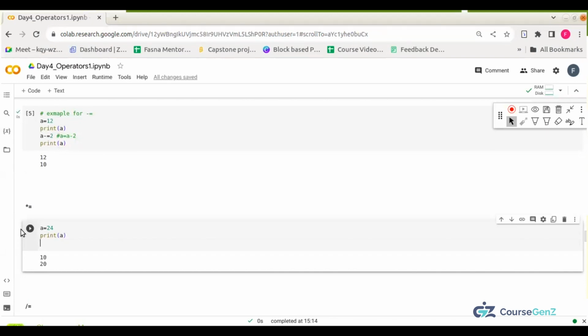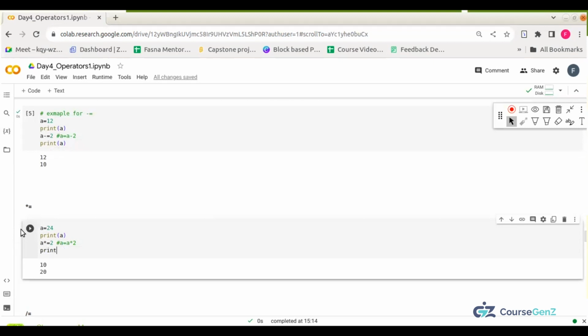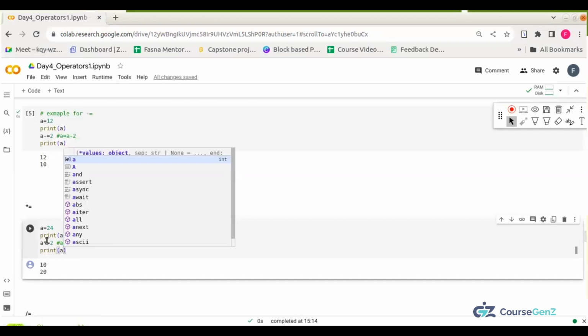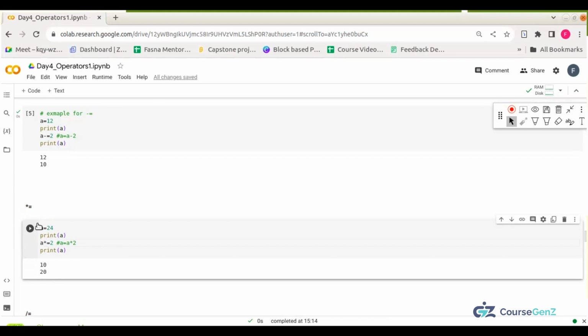Then how can we write the assignment operator for multiplication? a star equal to, say any number, say 2. So here it will be a is equal to a star 2. So let's print the value of a right now. Initially it will be 24, and after this operation, multiplied by 2, it will be 48.